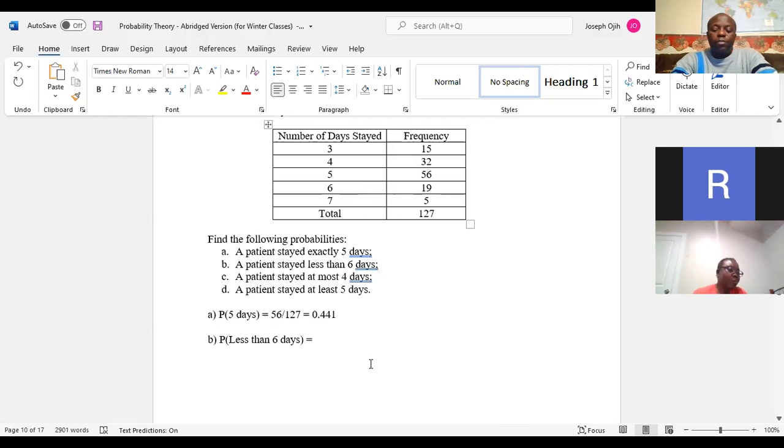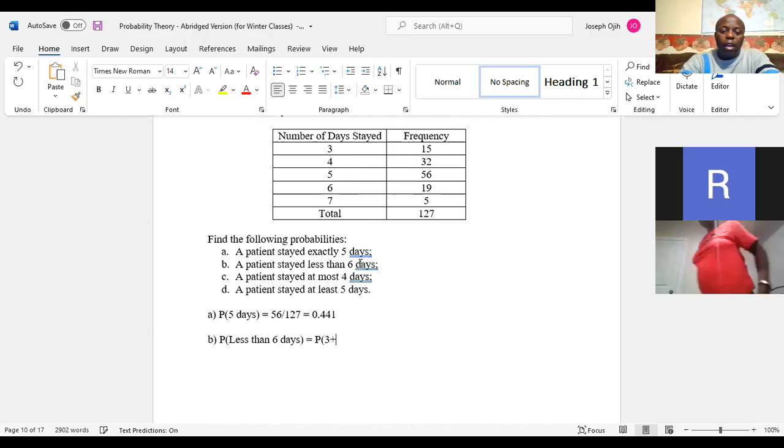So the probability is that he stayed 3 days, plus the chance that he stayed 4 days, plus the probability that he stayed 5 days.